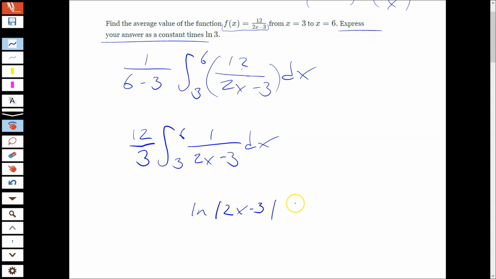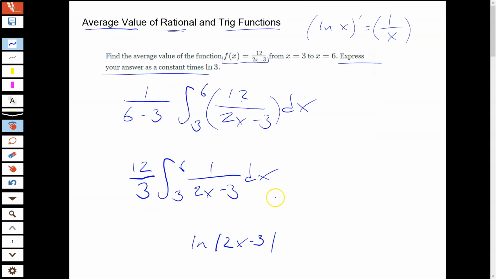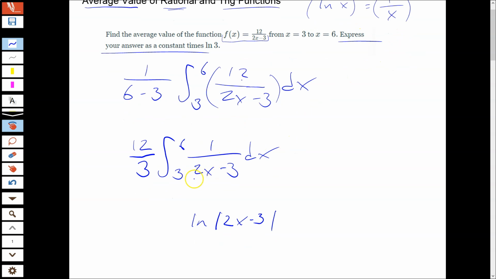And then notice now, if I took the derivative of this, I would get 1 over 2x minus 3 by my derivative rule here. And then chain rule, I would multiply times this 2. Okay? And we want it to just be a plain old 1. So I'm going to throw in a 1/2 here.